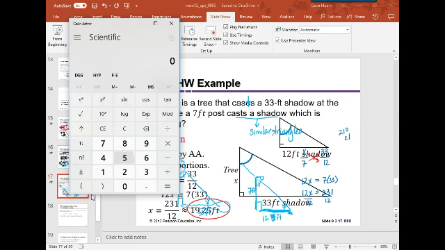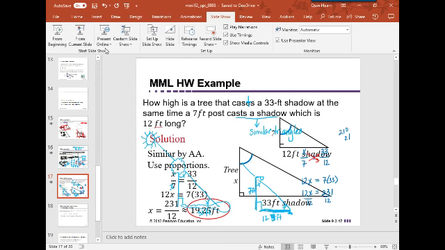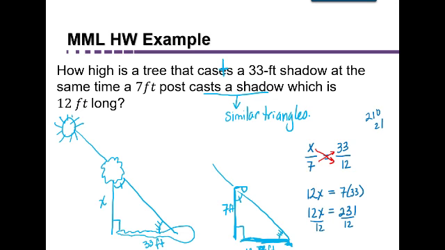All right, so we have 231 divided by 12, and we get 19.25. Okay, so x is equal to 19.25 feet in this case.